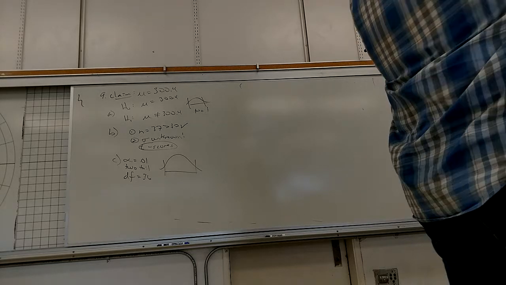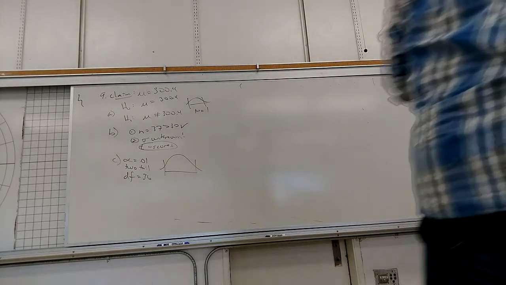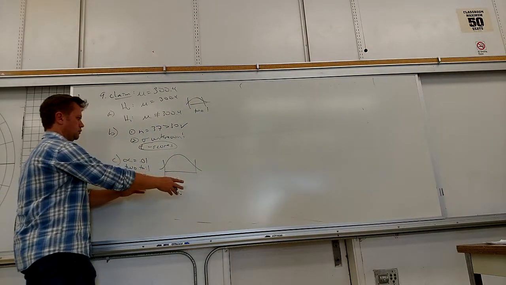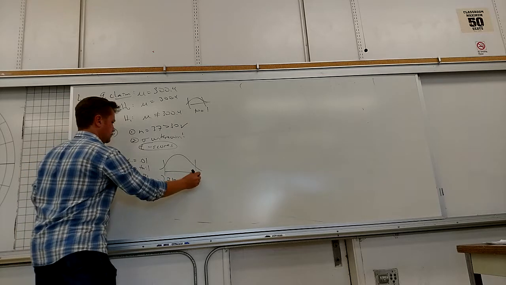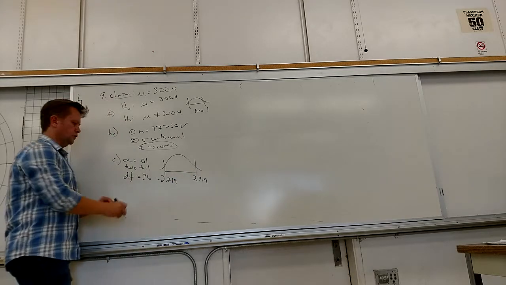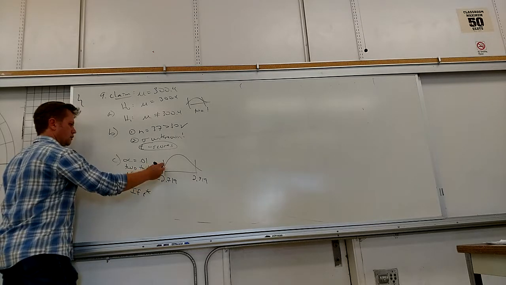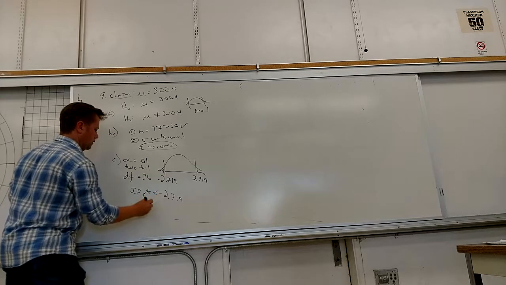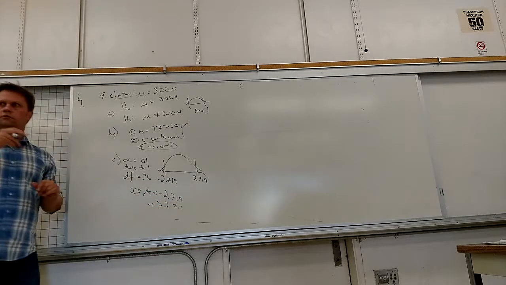So I get 2.719. So what do I put up here? Yeah, it's negative 2.719, positive 2.719. So if T star is less than negative 2.719 or greater than 2.719, what can we do?